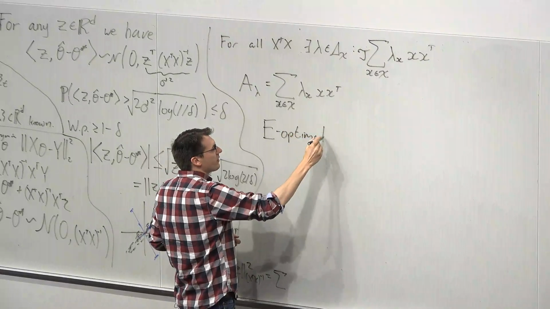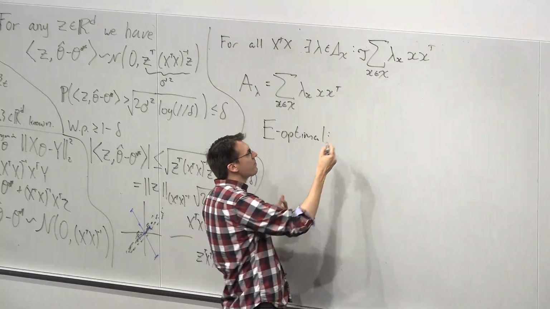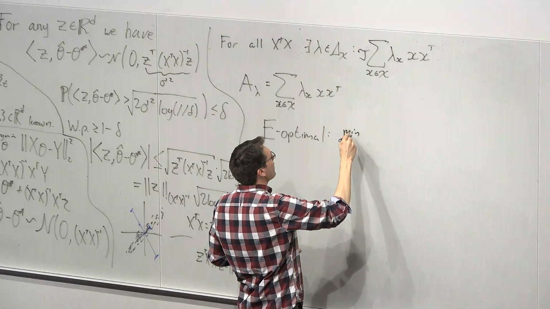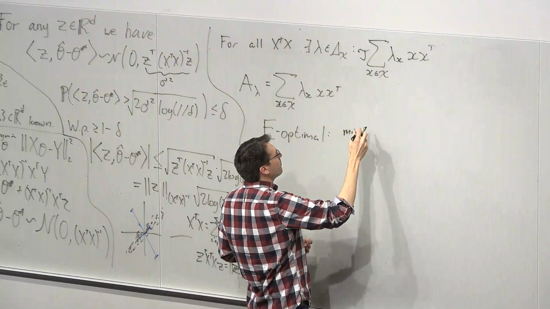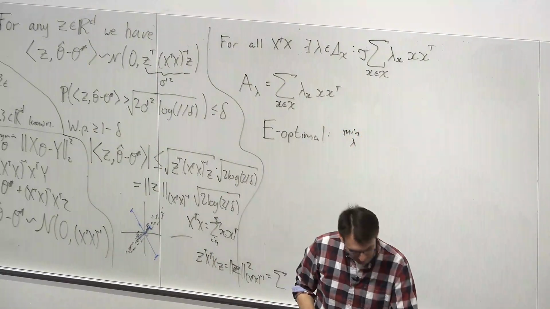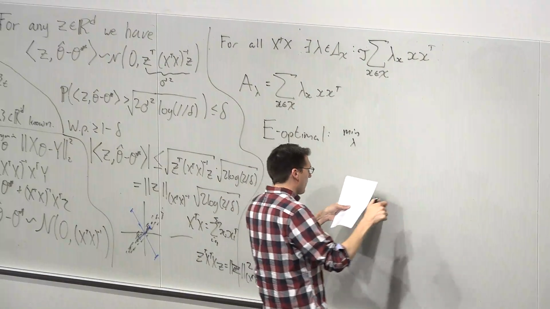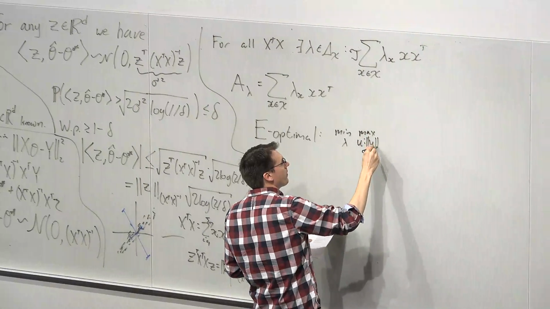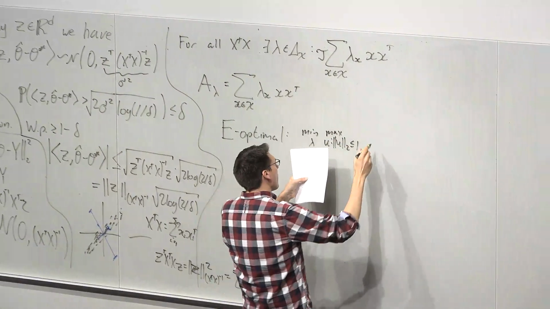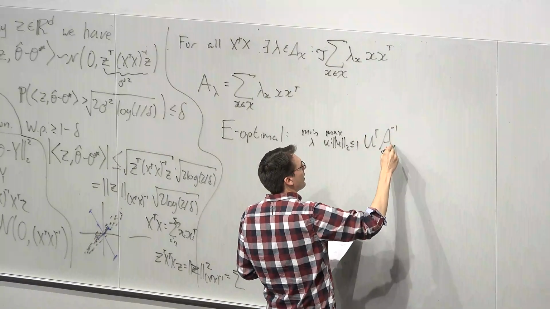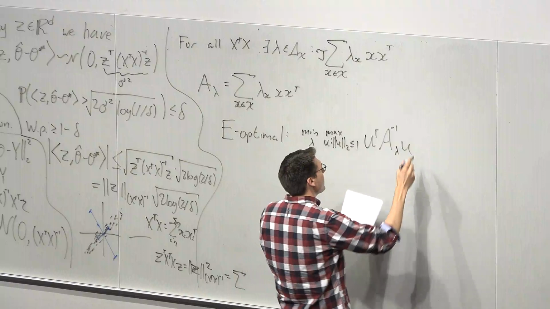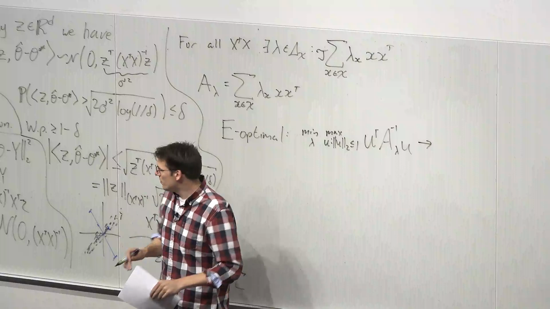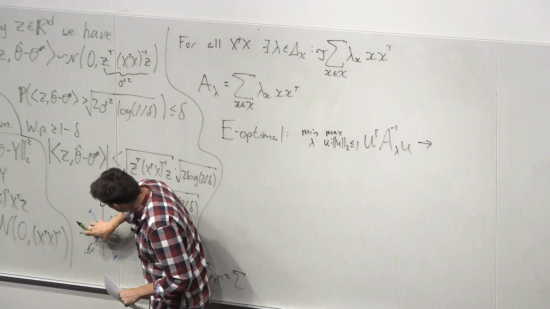This is called linear experimental design, and there are different criteria you could want. If you chose lambda to minimize the max over u with norm of u less than or equal to 1 of u transpose A lambda inverse u, then this minimizes the maximum uncertainty in any direction, meaning this ellipse is actually going to be a ball.